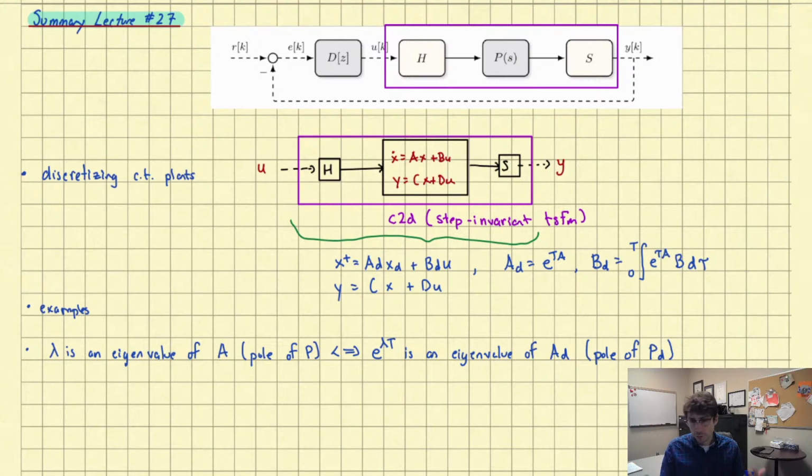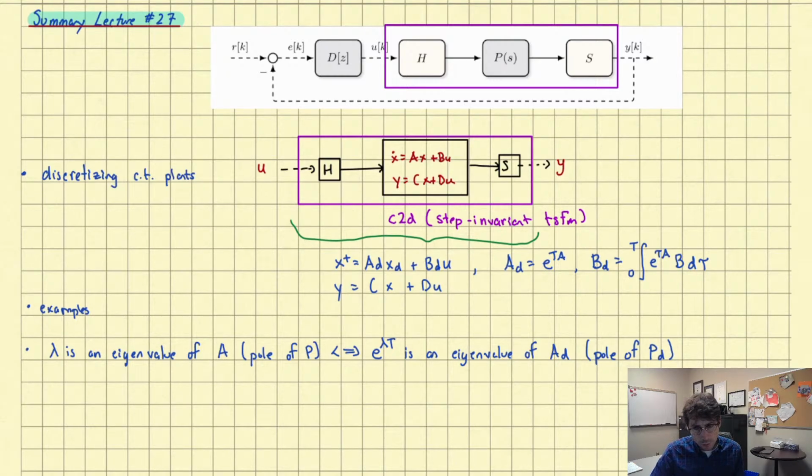From that it follows why the step invariant transformation preserves stability. If the continuous time system is stable, the discretization will be stable, and vice versa. If the discretization is stable, then it must have been produced by, in most cases, a stable continuous time system. We'll see more about that today as well.